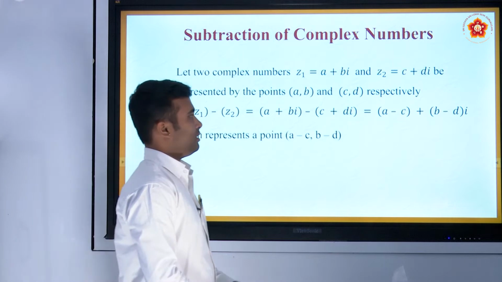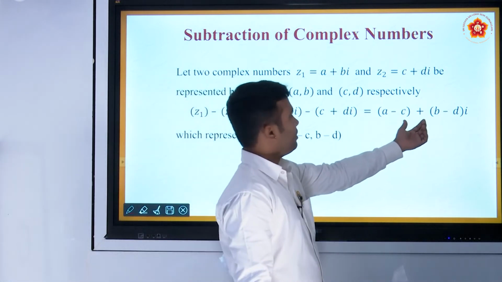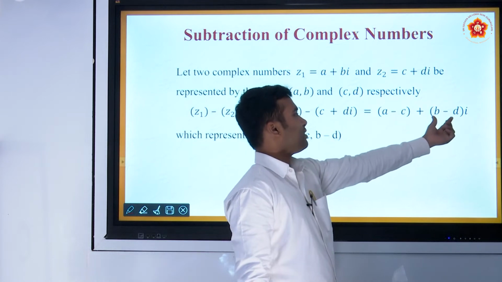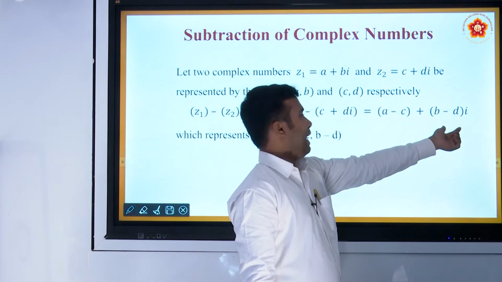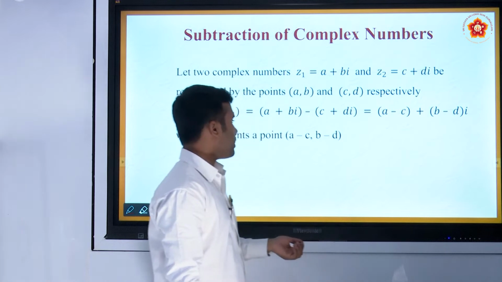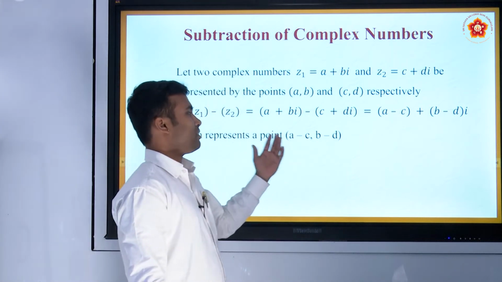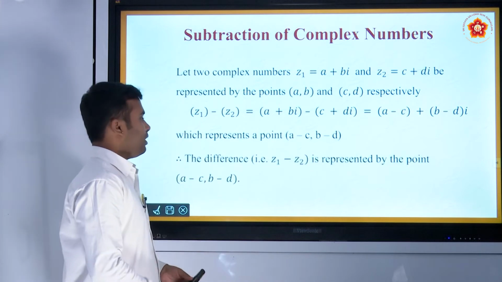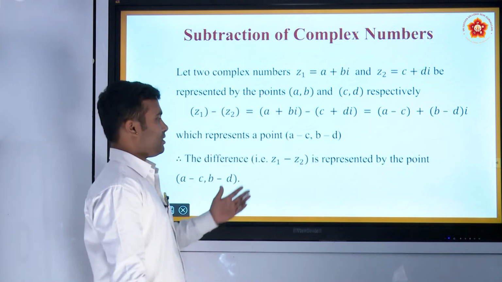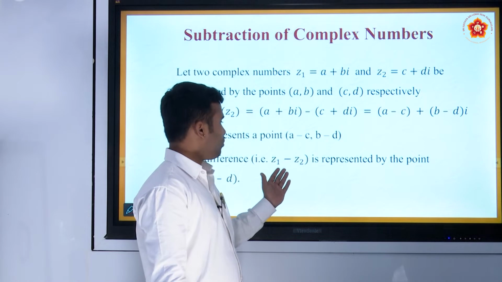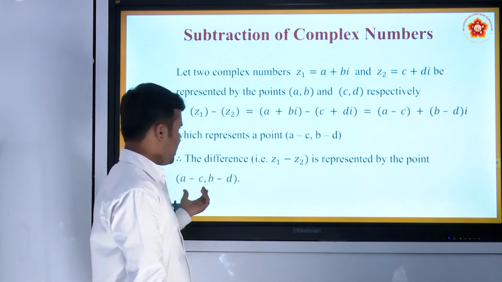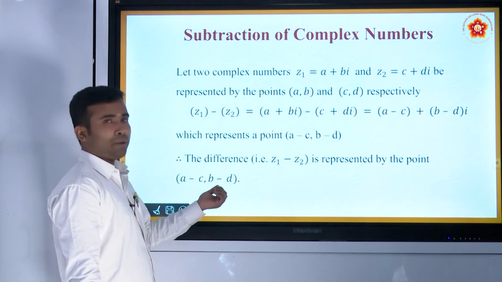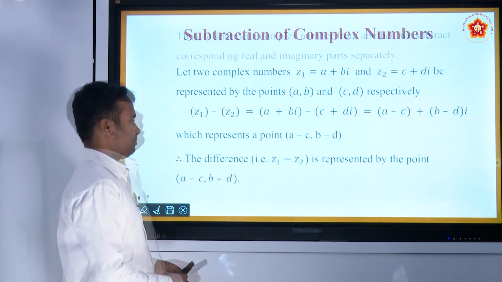This is also a complex number, right? The real part is A minus C and the imaginary part is B minus D, and this can be represented by the point (A minus C, B minus D). Therefore, the difference Z1 minus Z2 is represented by the point (A minus C, B minus D).